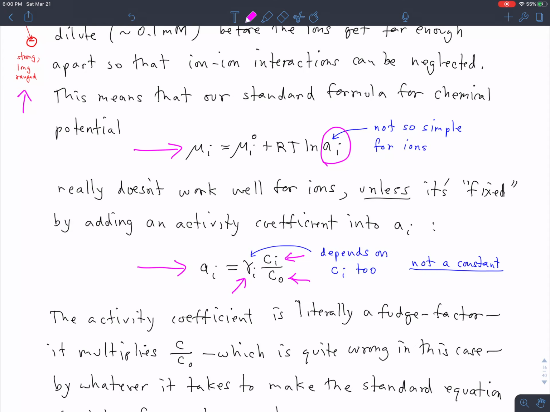You look them up in a table, or you measure them. But in the case of ionic solutions, it's also something that depends on concentration. So this whole thing is not proportional to concentration alone. It's proportional to concentration and then whatever dependence on concentration is hidden inside of this gamma. And it's finding that hidden dependence that we're going to talk about now.